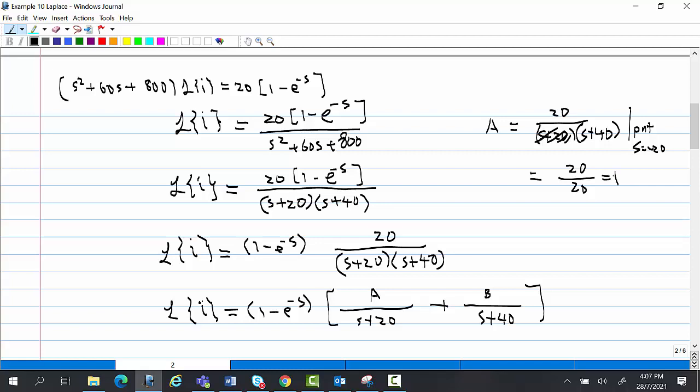So A is equal to 1. To find B, take 20 over (s plus 20)(s plus 40), cover up s plus 40, and put s equal to minus 40. So you get 20 over minus 20, you get minus 1. So A is equal to 1 and B is equal to minus 1.